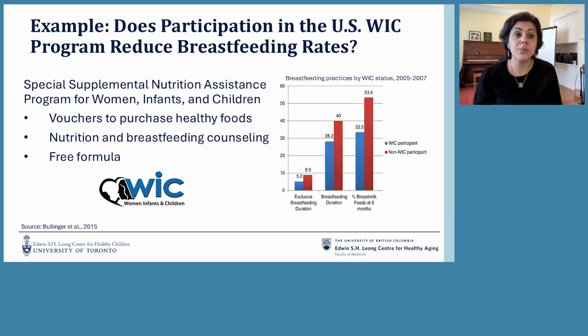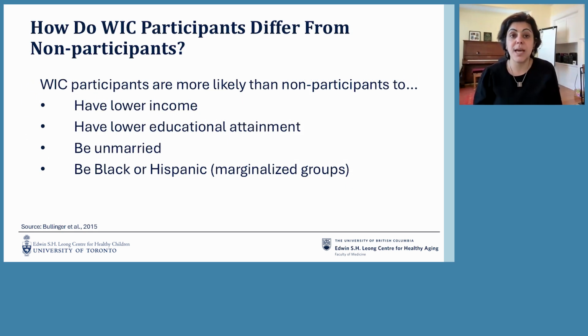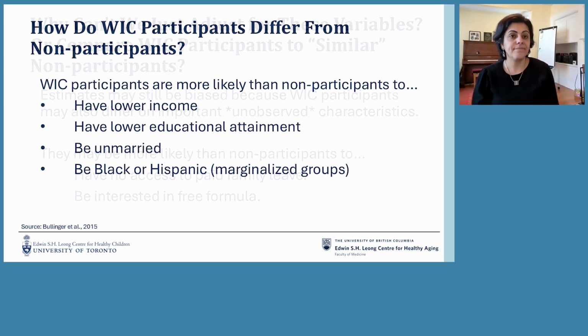So we know WIC participants are more likely than non-participants to have lower income, and this often goes along with lower educational attainment. WIC participants are also less likely to be married, and they're more likely to be Black or Hispanic, which are historically marginalized groups in the US setting.